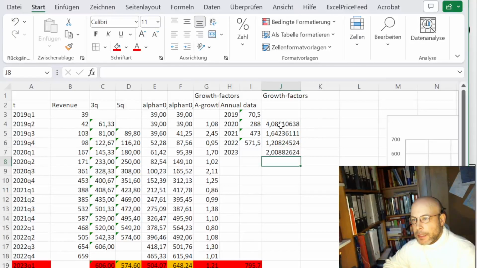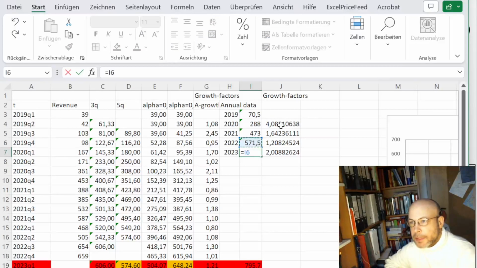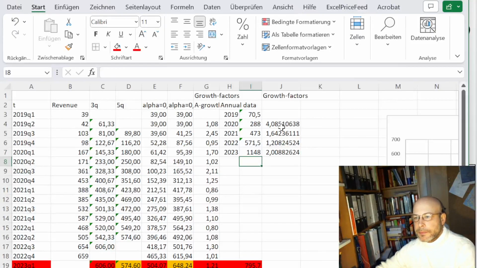And then we obtain as a forecast 571.5 times 2. So this would be the forecast for the whole.